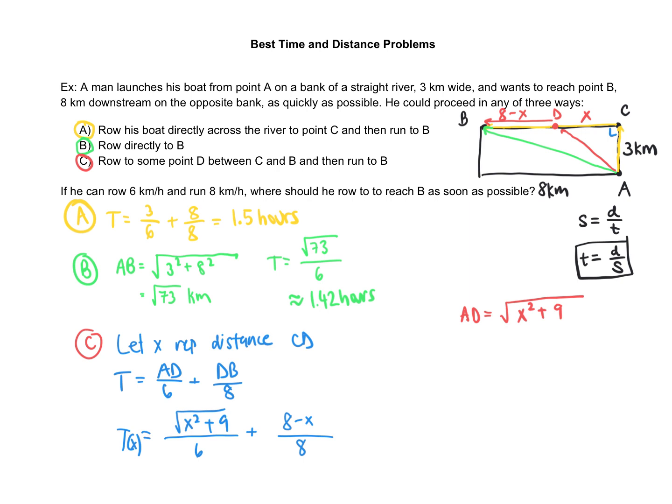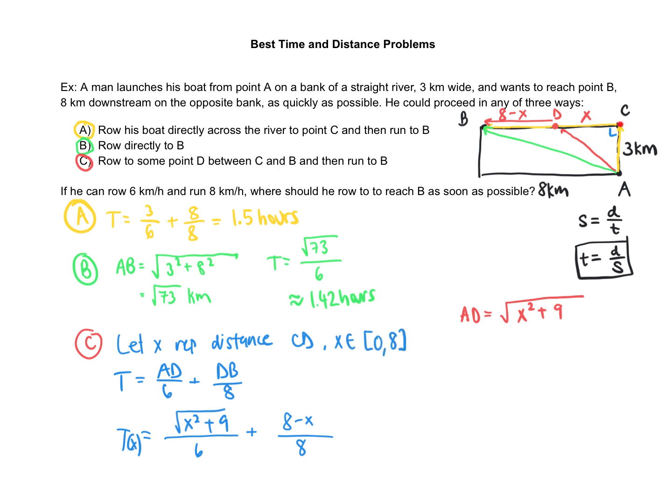Let me find the derivative of this so that I can then set it equal to 0 and find those critical points. Now, the value of x, as my little restriction here, can be anywhere between 0 and 8.